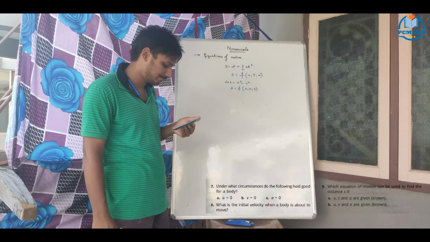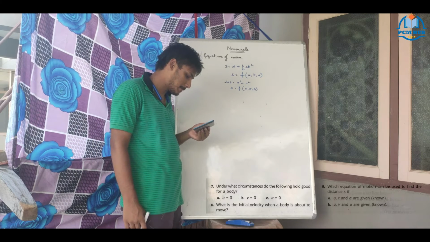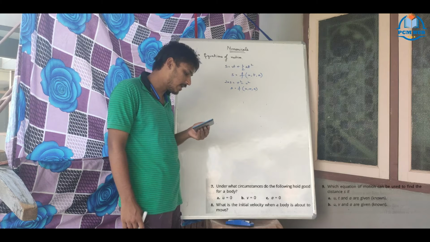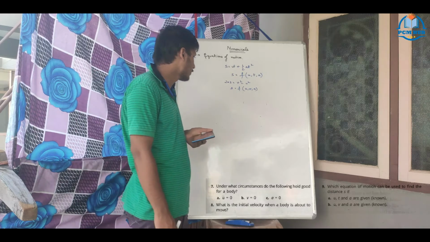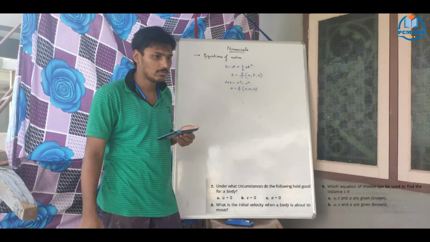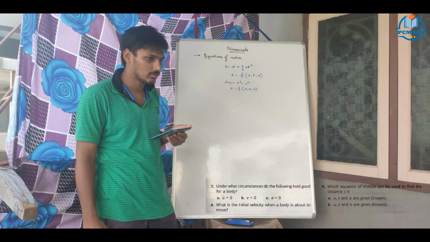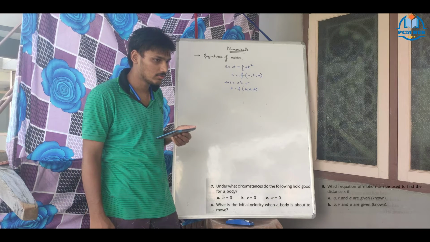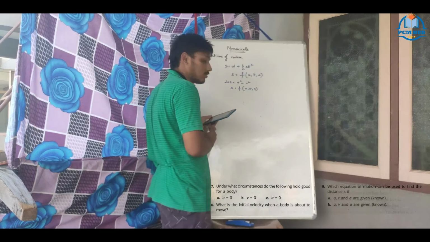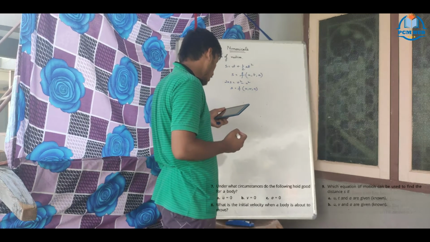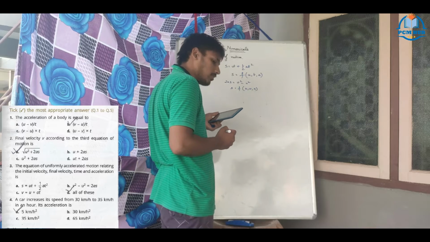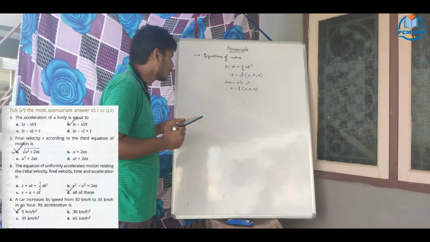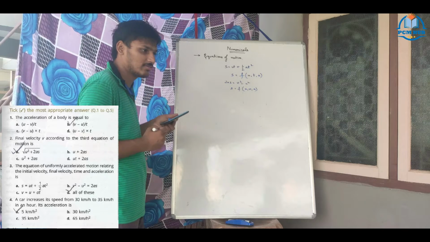Next one. Final velocity V according to the third equation of motion. What is the final velocity according to the third equation of motion? He needs V. V square is there, so you need the root, plus.